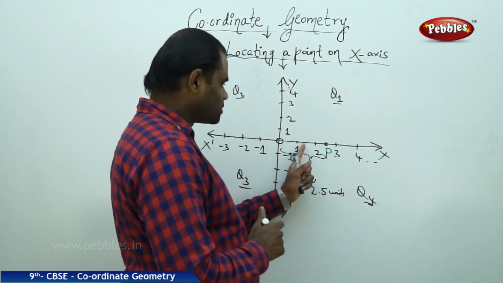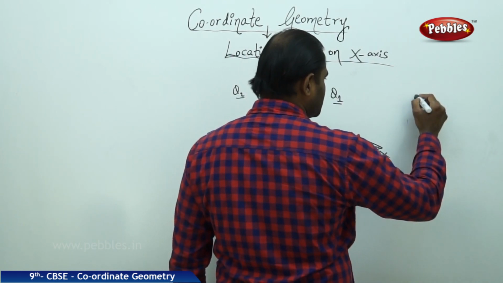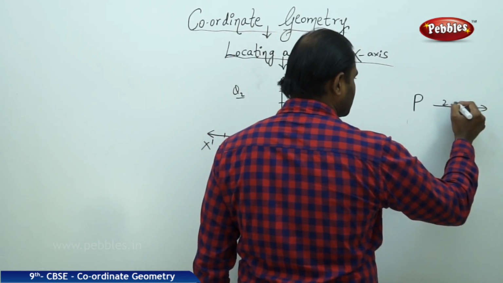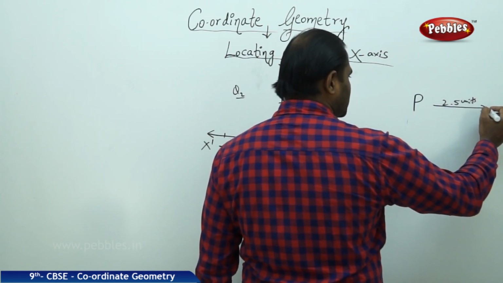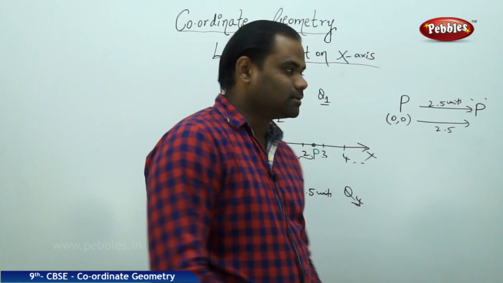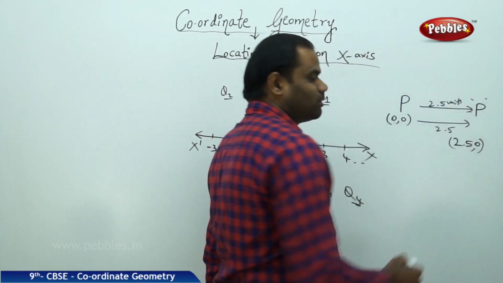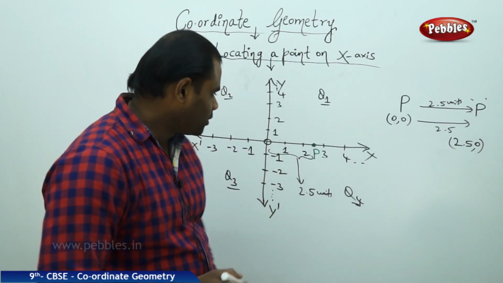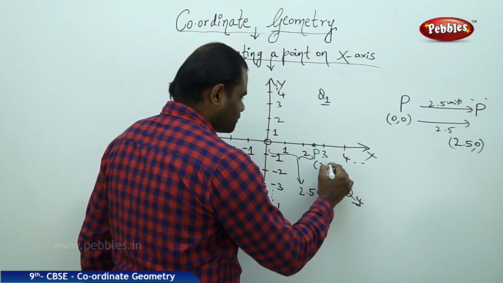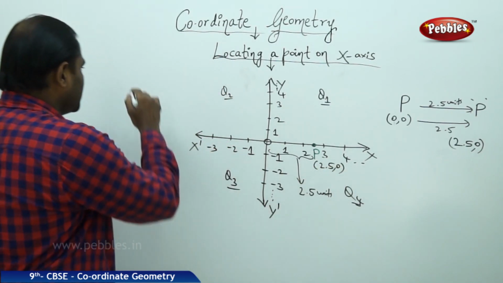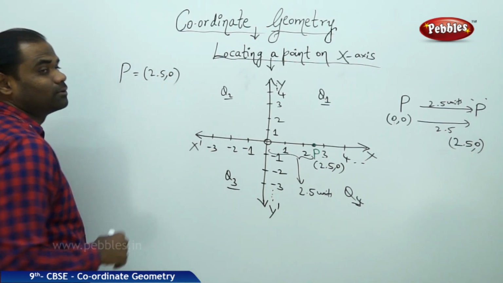So my point P moves 2.5 units to the right and doesn't move anywhere down. So I have (2.5, 0). The point which moves towards the right on the x-axis is (2.5, 0). So I can identify the coordinates of P as (2.5, 0).